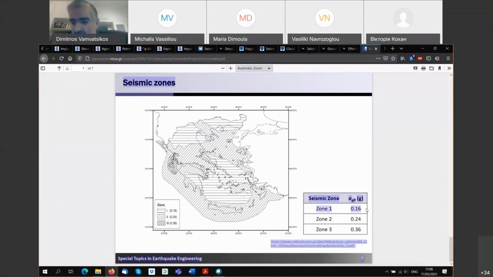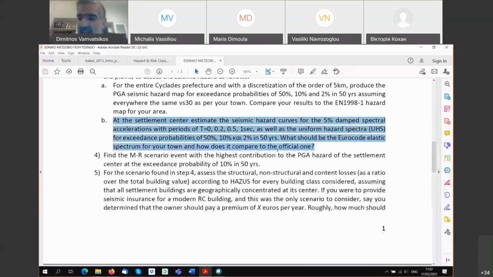Athens used to be just 0.16 g, and in 2000 we learned that, no, actually West Athens is not 0.16, it's 0.24. So yes, things change, codes get updated, hazard gets updated, and unfortunately a house that you built 20, 30 years ago now may not be up to code. Things happen. The question is, what do you do about that? Well, let's say for your island and for your case, what can happen.